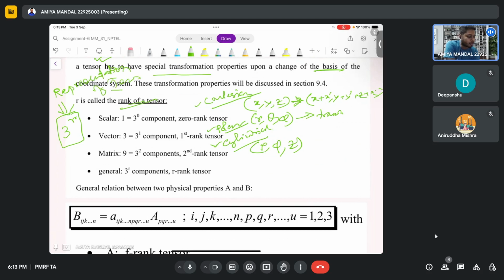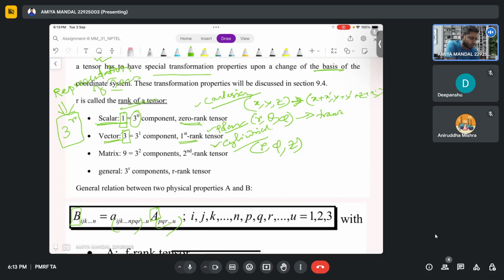If any tensorial quantity, A or B, is given, its corresponding rank should be written in the subscript. All scalars are also tensors with rank 0. Vectors are tensors with rank 1. So 3 to the power 1 means 3 components will be there, and then it will be a vector form.